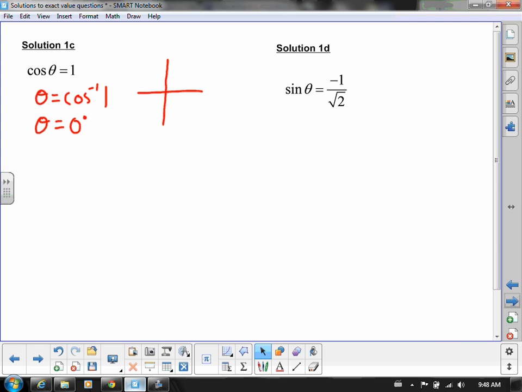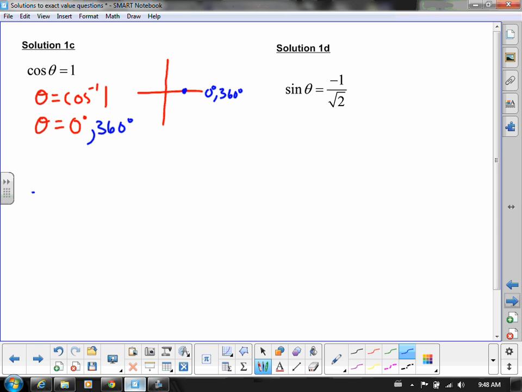So in this coordinate plane that I've drawn here, 0 degrees is right here. But we're dealing with 0 to 360. So I can rotate all the way around and end up with a second example. So theta, in this case, has to be 0 and 360 degrees.